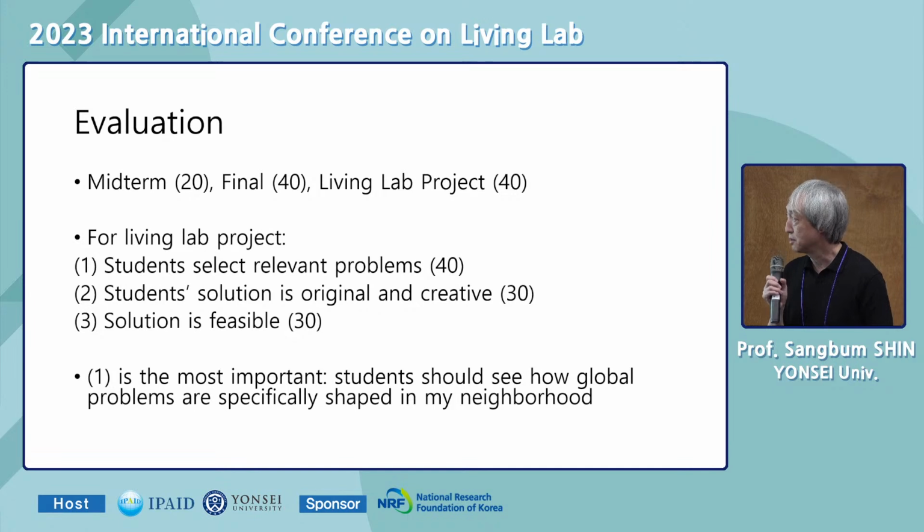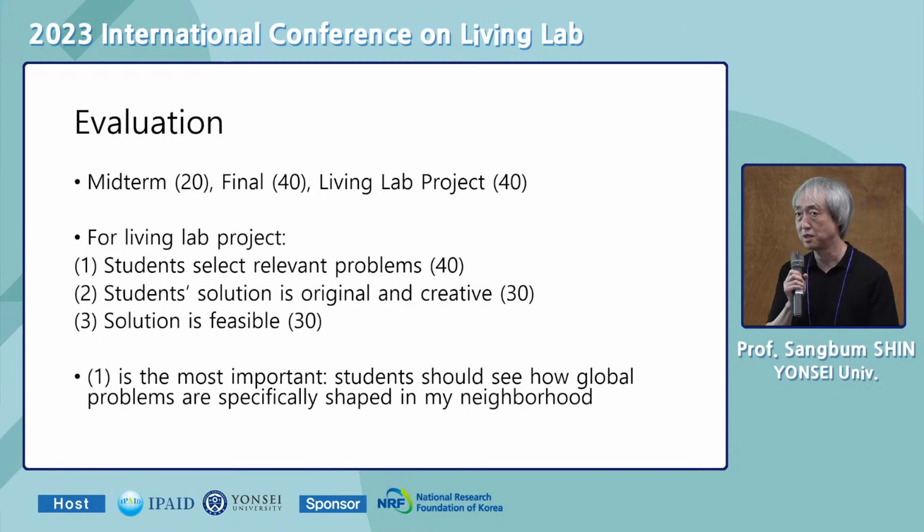For the Living Lab project, student selection of relevant problems is 40%, then the student solution being original and creative, and the solutions being feasible. Those are the breakdown; the number one is the most important. The students should see how global problems are specifically shaped in my neighborhood. That's what I emphasize.